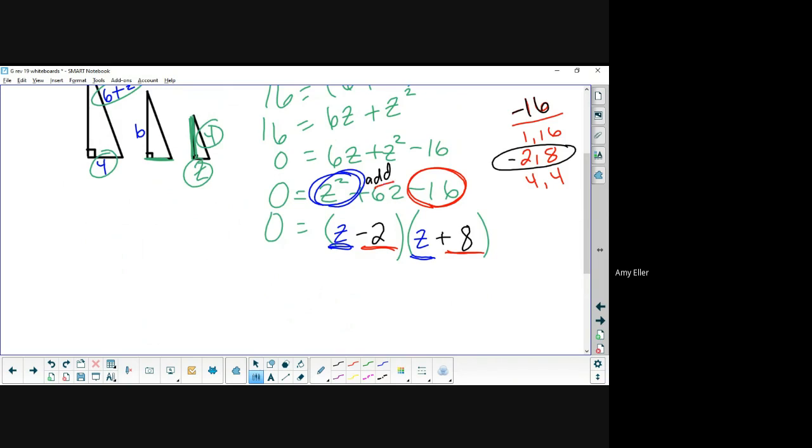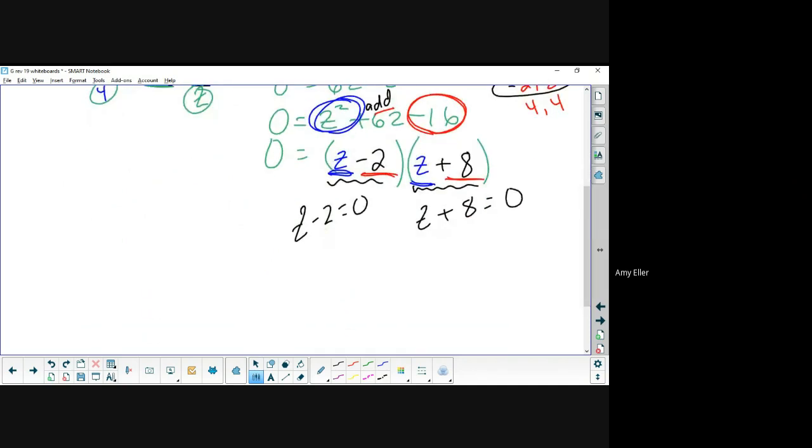Okay, to get our final answer, we set this equal to 0 and this equal to 0. I put a line through my z so it doesn't look like a tube. Get z by itself, so we have to add 2 to both sides.